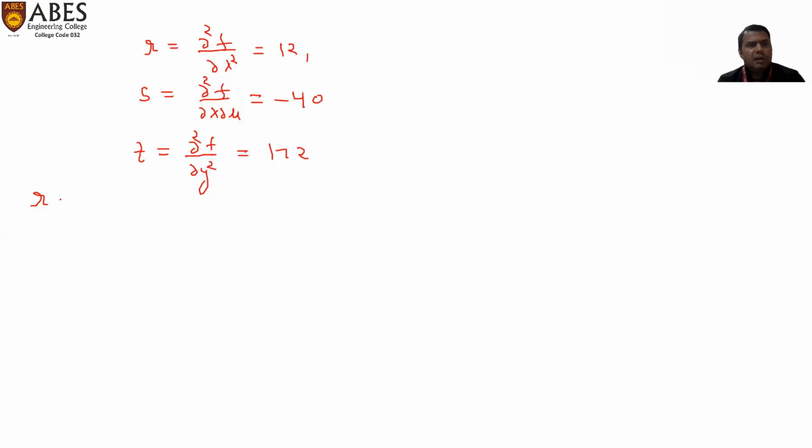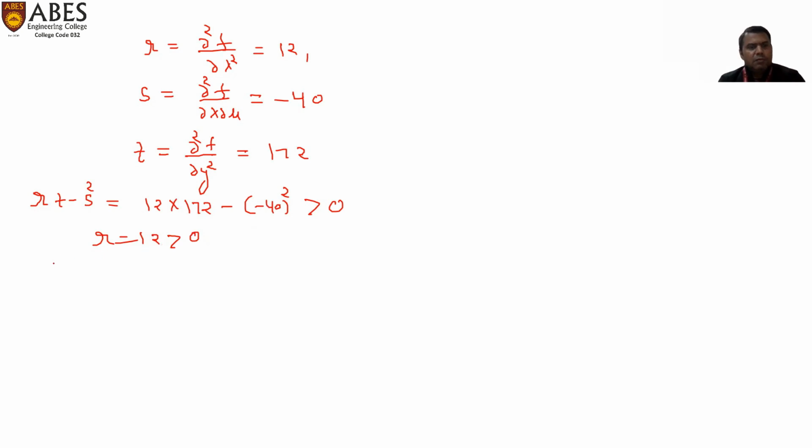Now calculate RT minus S square. So R is 12, T is 172, minus (40) whole square. If we calculate this, it is greater than 0. And R is 12, which is also greater than 0.